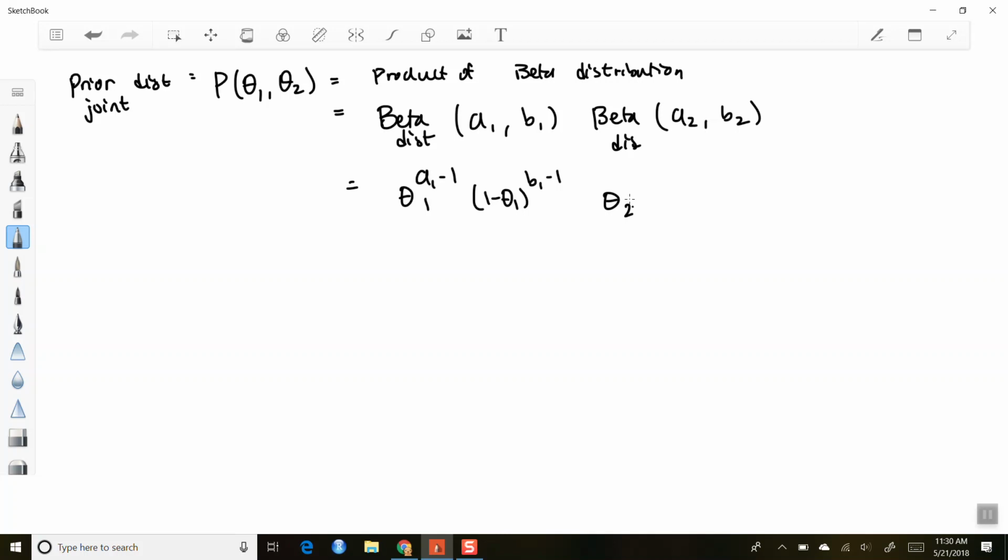And over here we've got theta 2 to the a2 minus 1 times 1 minus theta 2 to the b2 minus 1, times some normalizing constant. So let me just say it's proportional to this.